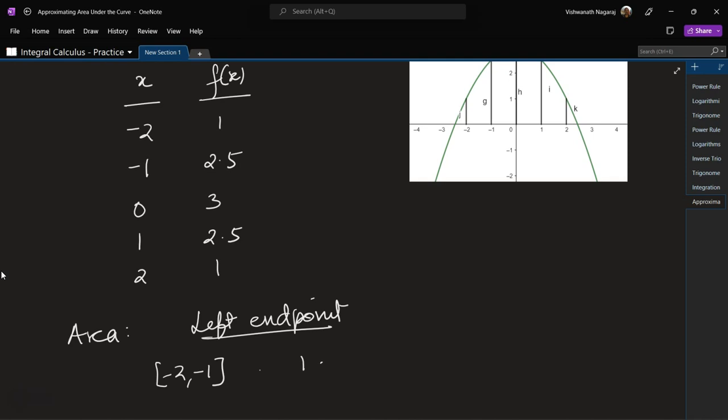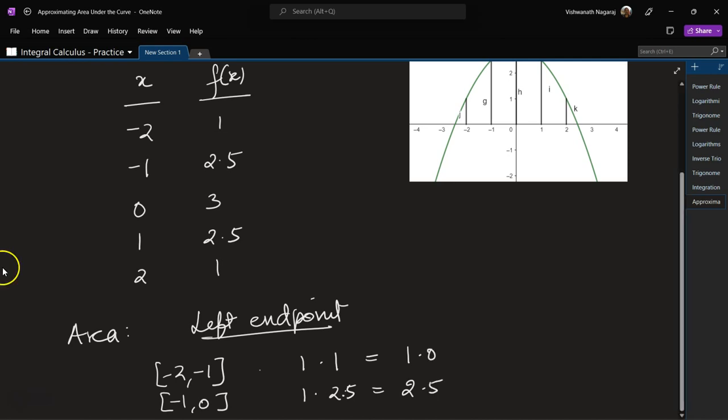Height we have to take the left endpoint, and that is 1. So 1 times 1 is 1. Now the next interval is minus 1 to 0. So this would be 1 times 2.5, which would be 2.5. So let's say this is 1.0.